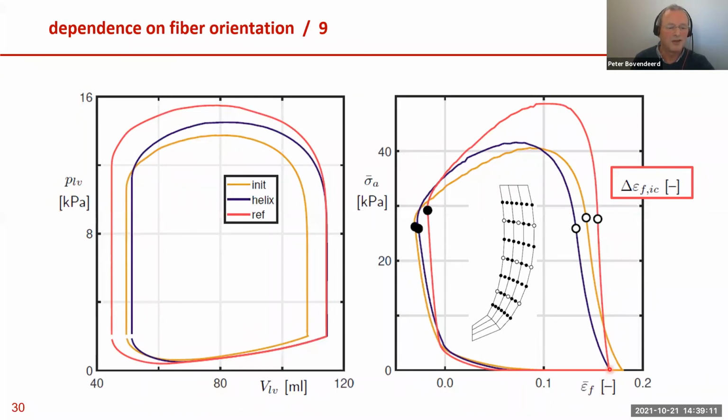There's very little shortening during the isovolumic contraction phase and the initial phase of ejection. So this means that fibers are on average longer during this phase, and then thanks to the dependence of active stress on sarcomere length, they are more powerful and hence they can generate more pressure and more stroke volume.